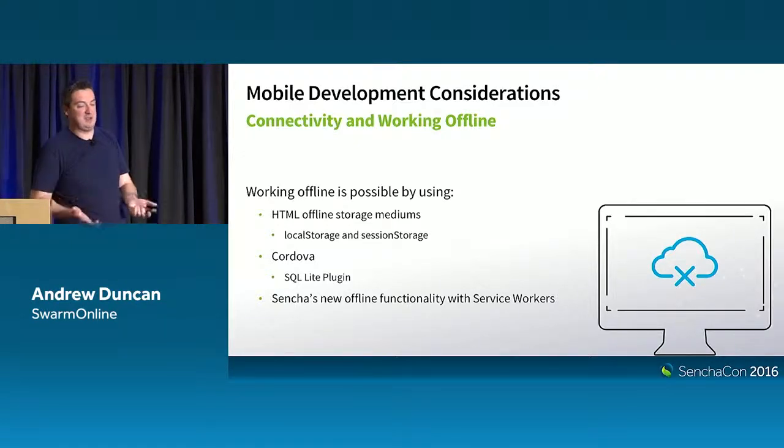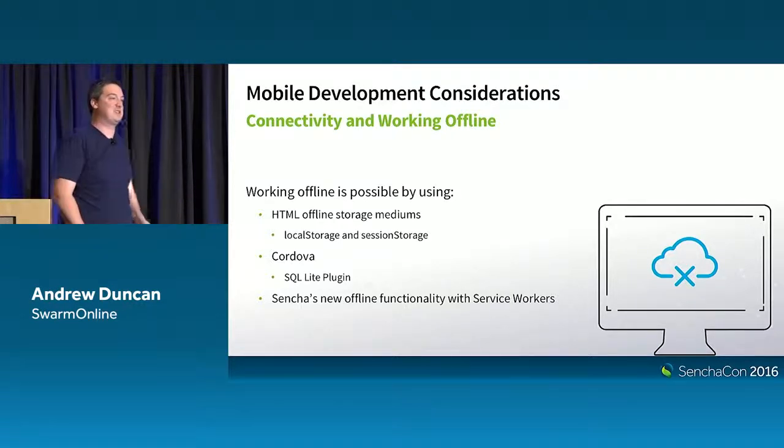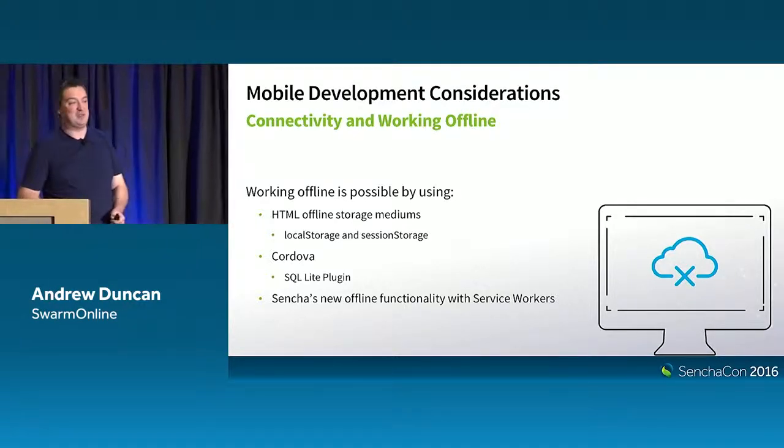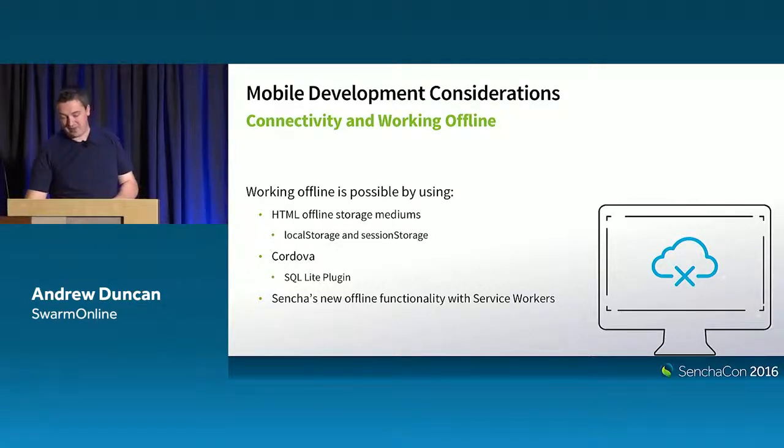We think it's a really good way to store data anyway. And then obviously I updated my slides yesterday in blind panic when I learned about Sencha's new service worker functionality, so I'm looking forward to giving that a shot, but I haven't tried it in the real world yet, so I don't know what it's actually like. Hopefully it is ready for general consumption very soon.